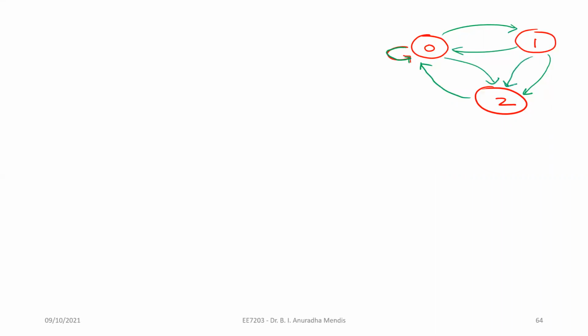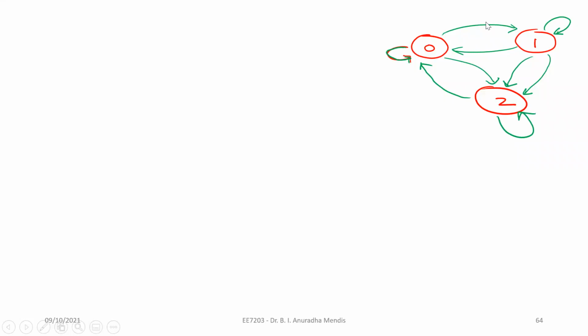So there are many possibilities. There are self-transitions. So now you can identify this is an irreducible Markov chain, and it is not periodic, because if you find the periodicity, it is 1, and it is guaranteed.